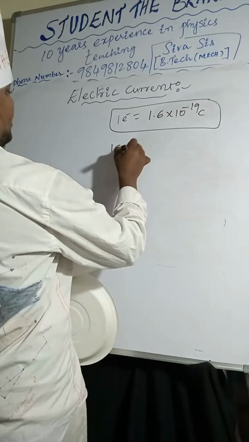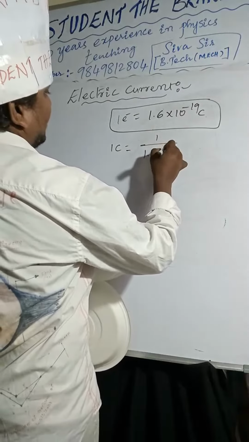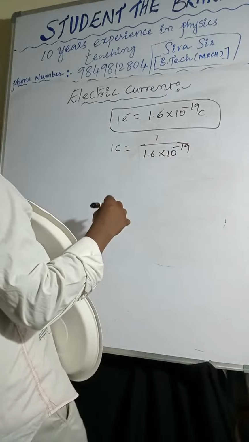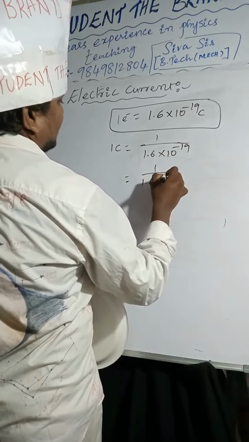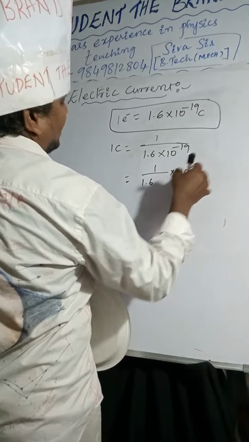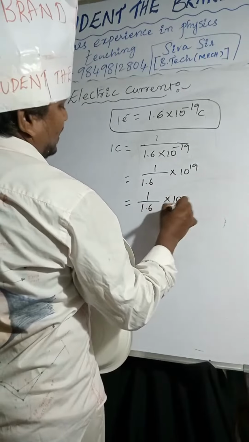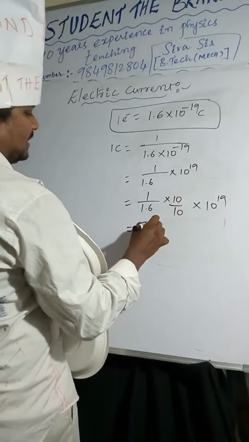In one coulomb, how many electrons are present? It is 1 by 1.6 into 10 power minus 19, which is 10 power 19 divided by 1.6.